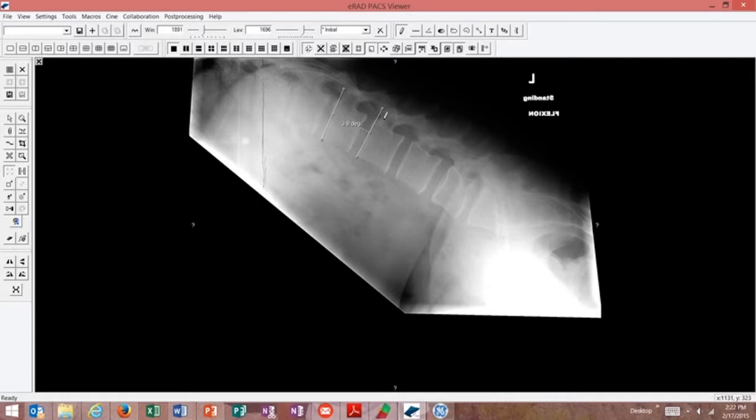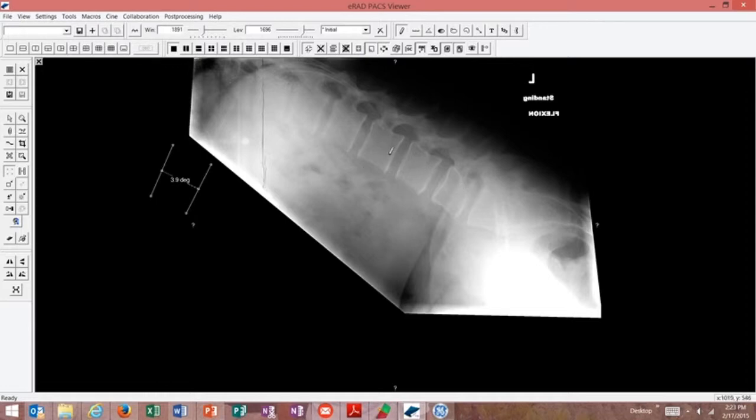So that's a 3.9 degree positional flexion angle. That's a positive angle between L1 and L2. Okay, let's just move that out of the way. It's L1, L2. Now we do the same thing at L2, L3.